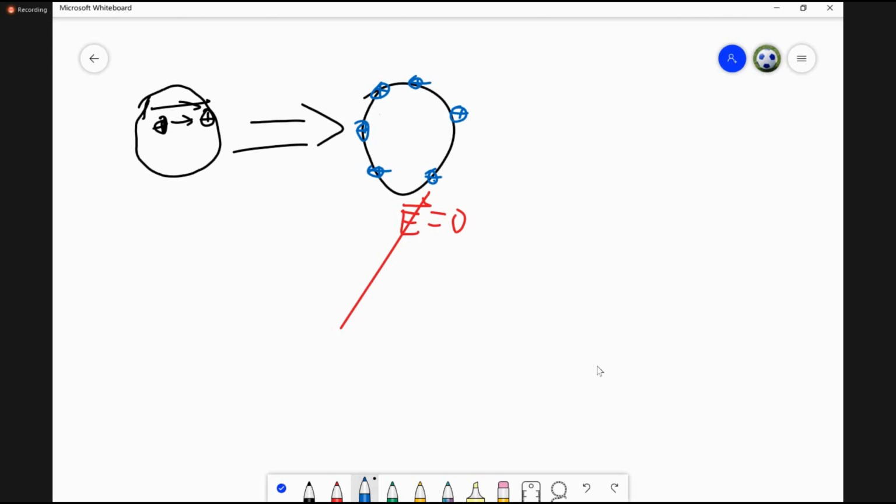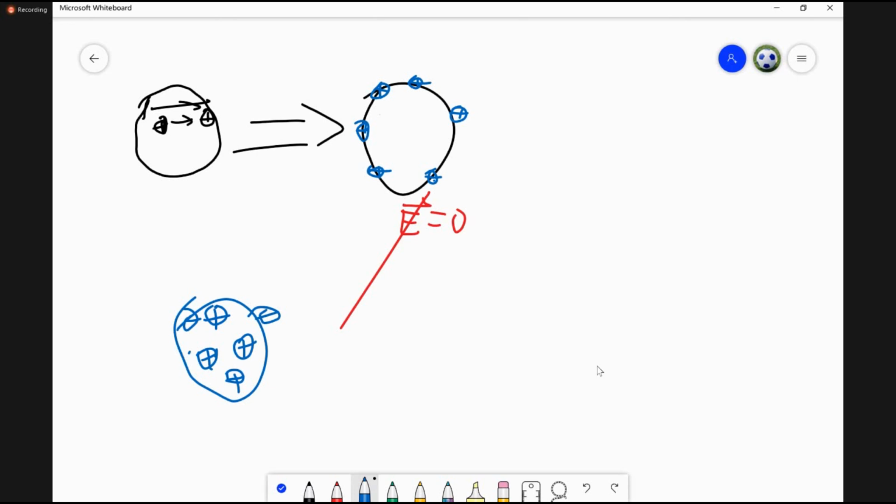But for non-conducting material, it is not necessary. For non-conducting material, the charge could be anywhere, right? And it could also be that some area takes negative charge and some area takes positive charge. That is also possible.